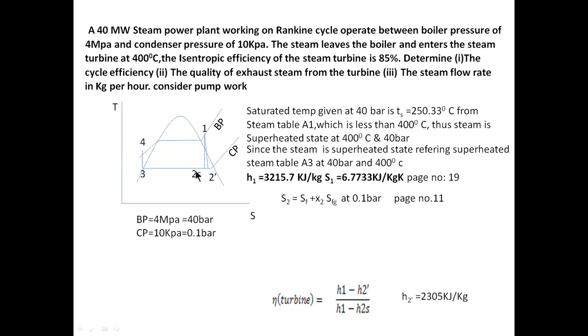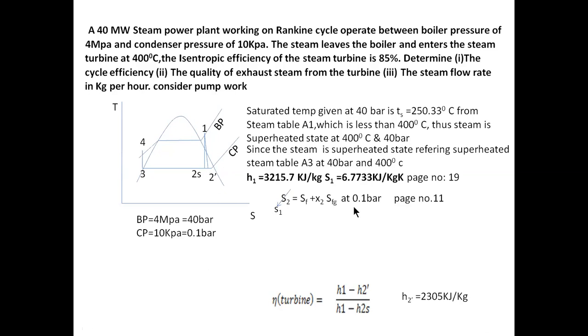See, I have written S because it is an isentropic process. Okay, don't get confused. 1 to 2 is an isentropic process. So here S1 will be equal to S2. So I can strike off this S2 and write S1. Here this is equal to Sf plus x2 Sfg. Why I'm writing this formula is because the state here is wet state.